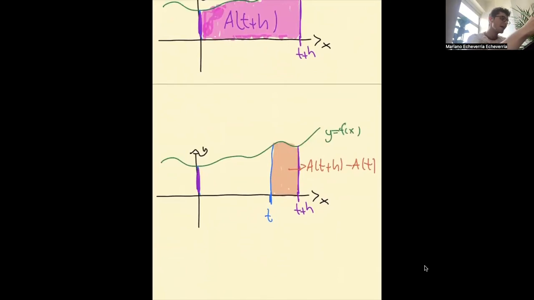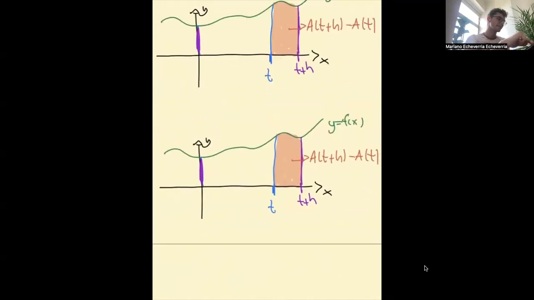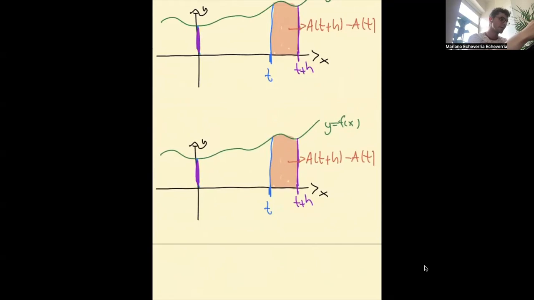What that means is that, because that's very small, it should be well approximated by the rectangles that we were talking about earlier.